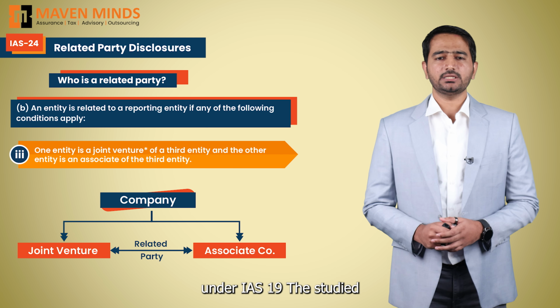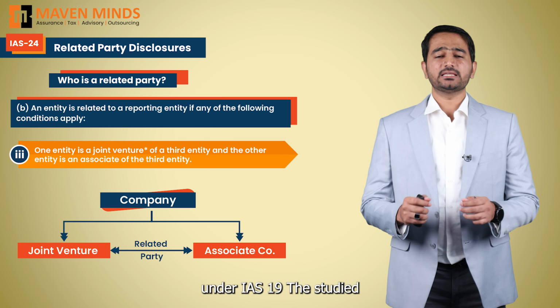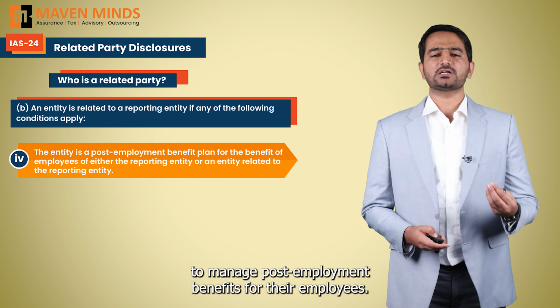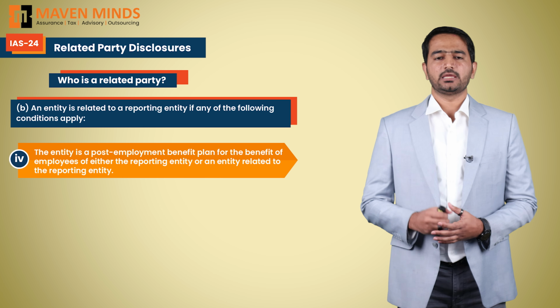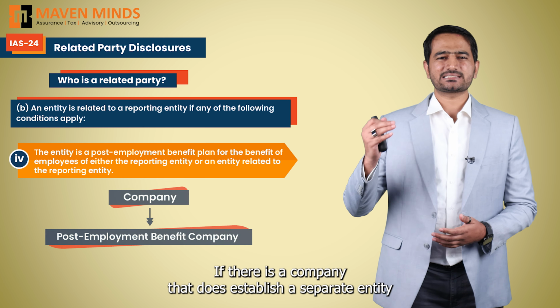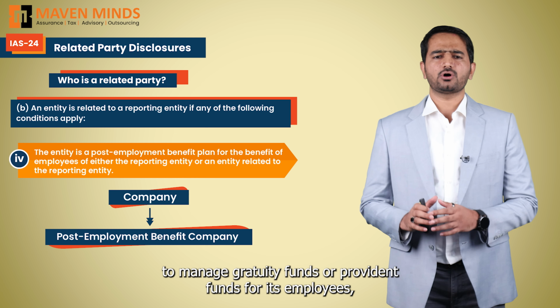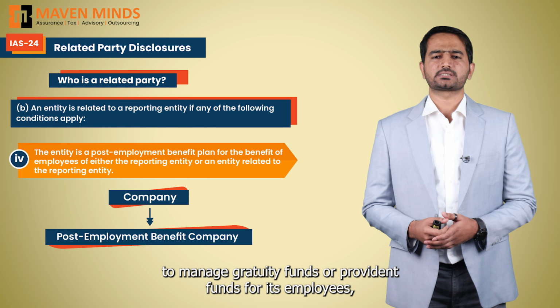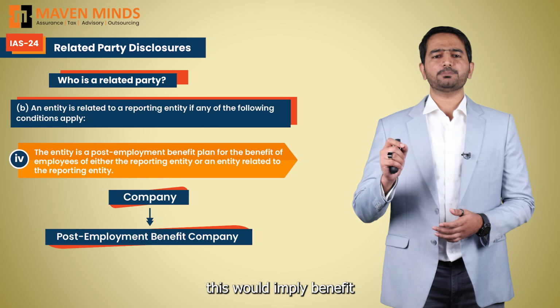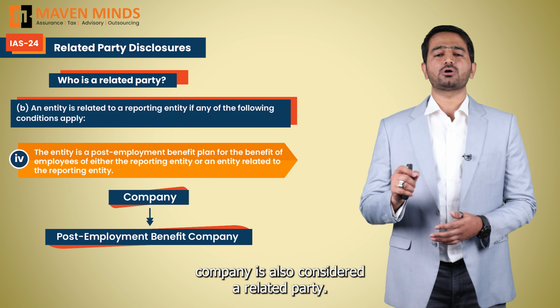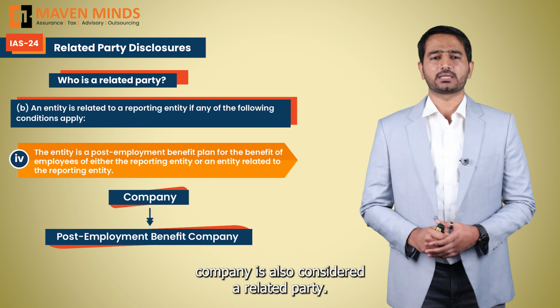Under IAS 19, we studied that entities often form separate corporate legal structures to manage post-employment benefits for their employees. If there is a company that has established a separate entity to manage gratuity funds or provident funds for its employees, this post-employment benefit company is also considered a related party.